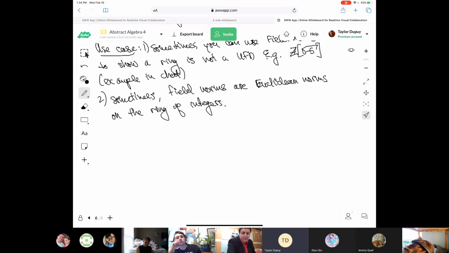Maybe you've seen that one before from a previous semester. For example, for Z adjoin square root of -1, this is a ring of integers, and the field norm here actually turns out to be the Euclidean norm, used to prove that it's a Euclidean domain.